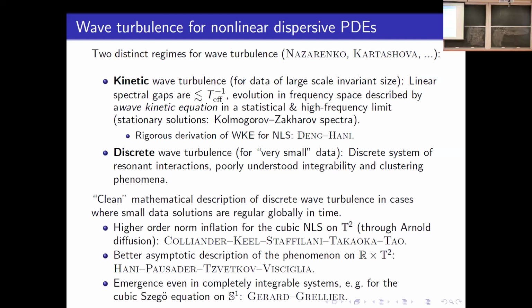Okay, so I don't want to really go into detail. There are many works that have studied modifications of the original setup of Colliander, Keel, Staffilani, Takaoka, and Tao. For instance, Hani, Pausader, Tzvetkov, and Visciglia studied the same equation on a background space which has one infinite direction, R cross T^2.